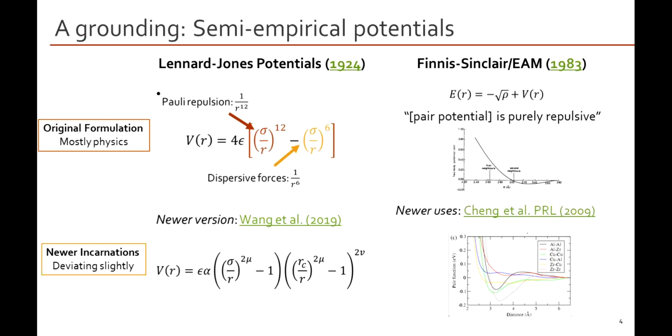Now, if we go forward 20 or 30 years from when these potential forms were developed, we can see that the modern incarnations of these forms can deviate quite a bit.